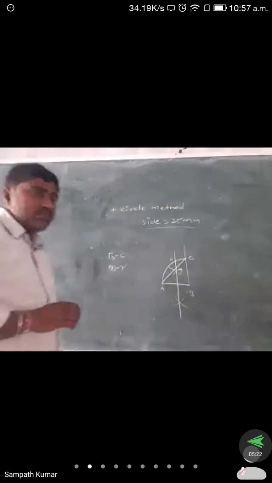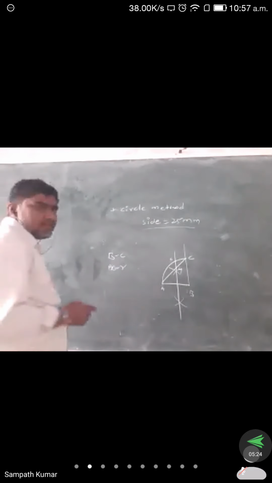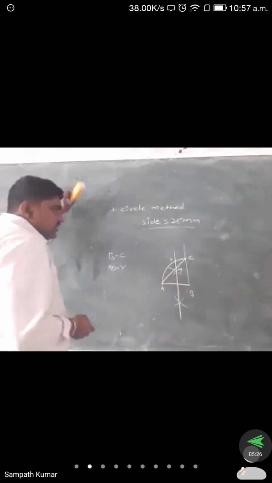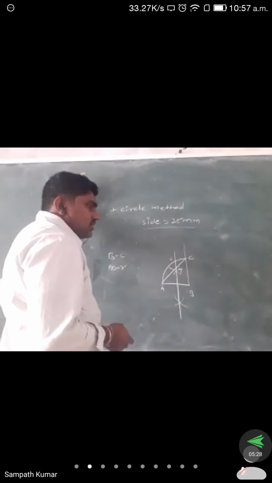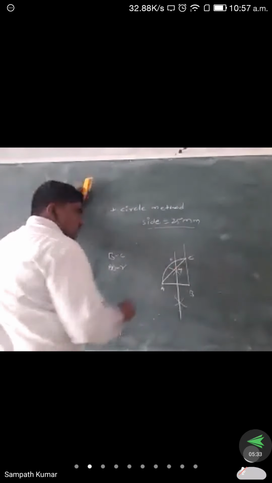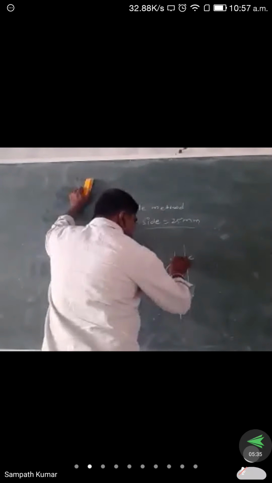Then we have to give the even numbers. For 3, we can already construct it as one side is given. But then we have to go for the square. That is the point 4; we indicate AC line at 4 and AC arc at 6.